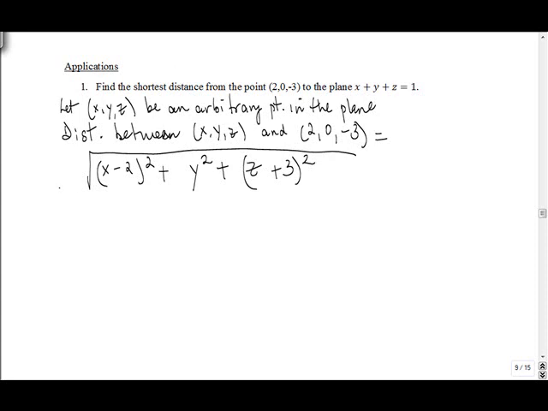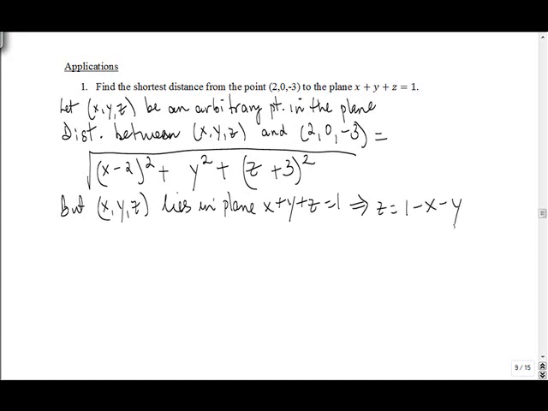So this is what we're going to do. x, y, z lies in the plane x plus y plus z equals 1. So this implies that z equals 1 minus x minus y. We solve for z.